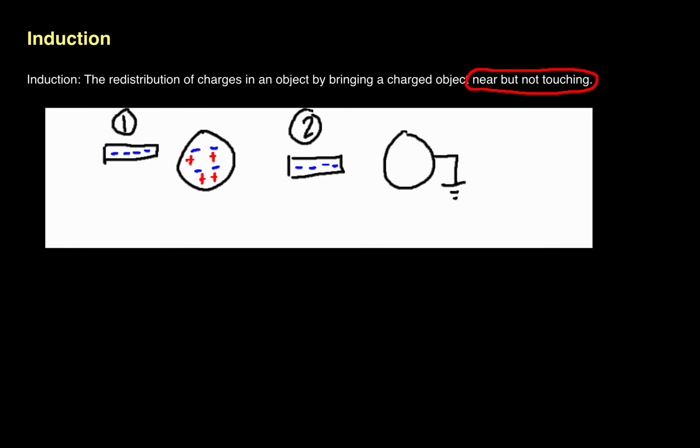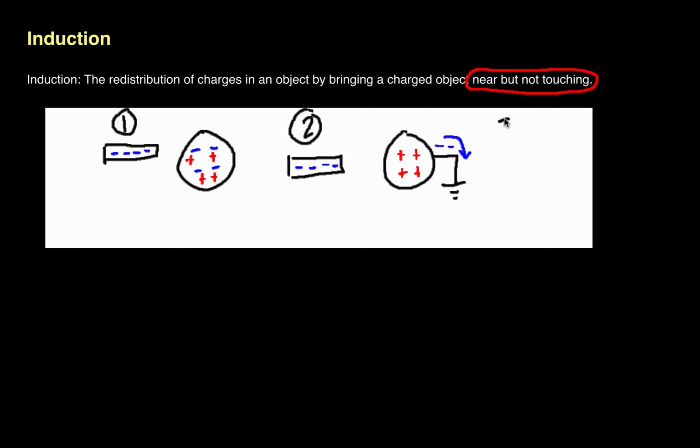As a result of the rod being near and the grounding, the electrons are able to move into the ground. So the electrons in the sphere don't want to be anywhere near the negatively charged rod, so they flow into the grounding source and out of the sphere.